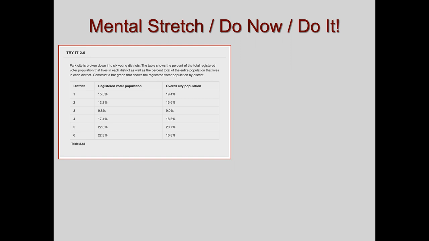It is very important for you to understand what they want. They want this. Construct a bar graph that shows the registered voter population by district. Registered voter population is the middle column there. Go ahead, fill this one out, and I will put the correct answer up in just a minute.